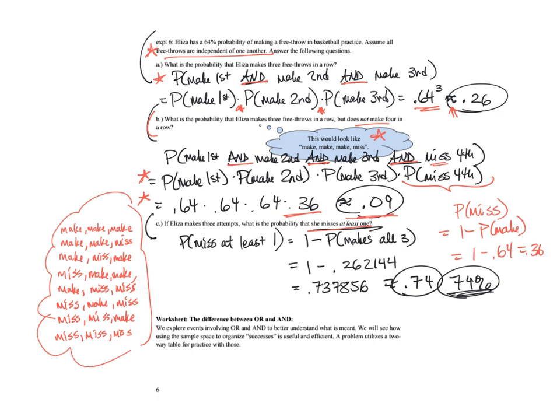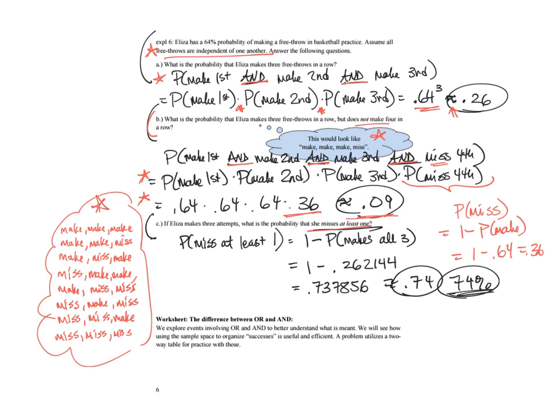In my thought bubble over here on the left-hand side, I wrote the 8 possibilities. By the way, this is very, very similar to the 8 possibilities that came out of the airline triple modular redundancy application as well, you'll notice. Because there were 3 parts and each part had 2 options, right? Fail or not fail for the airline problem. Here we have make the free throw and not make the free throw.